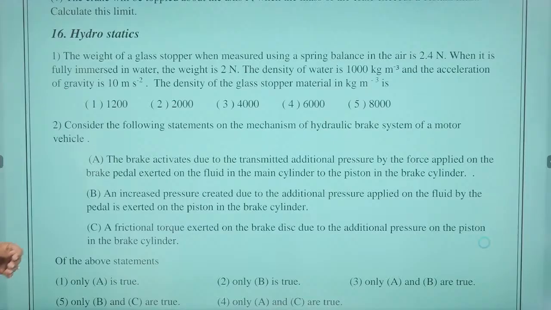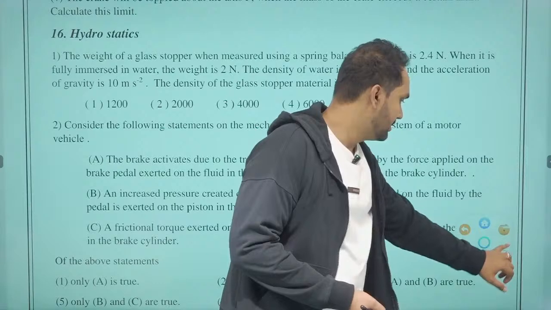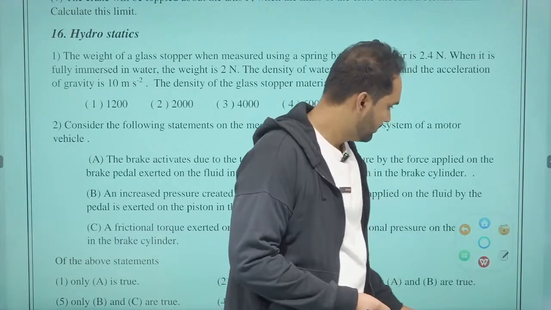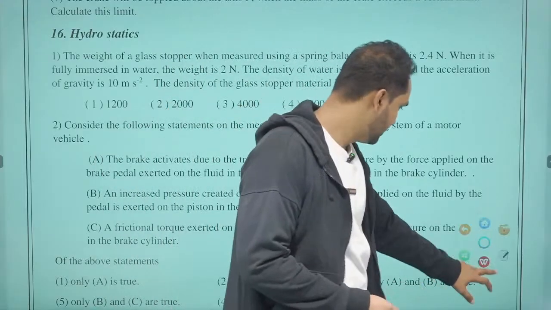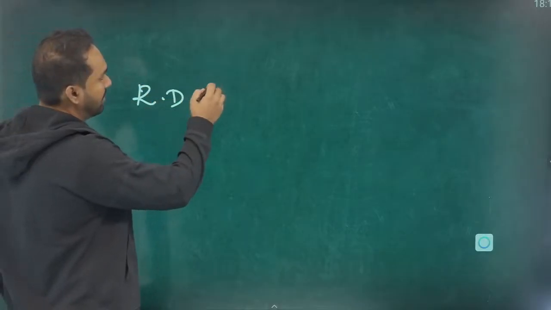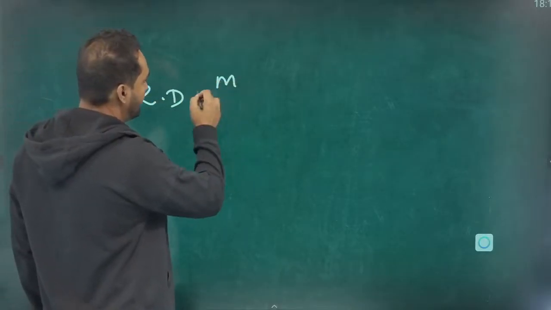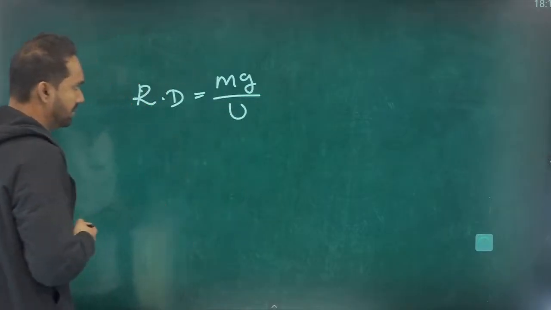So now this is sort of a relative density question. If you remember, there's this relative density equation: relative density equals weight of the object divided by the upthrust, right?